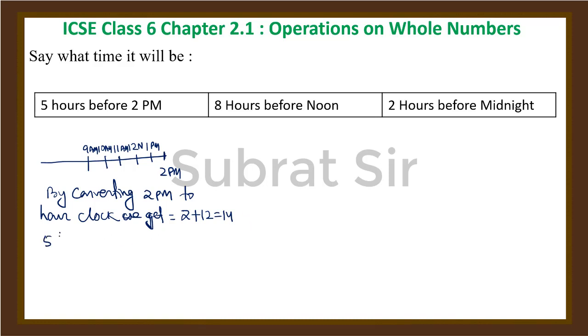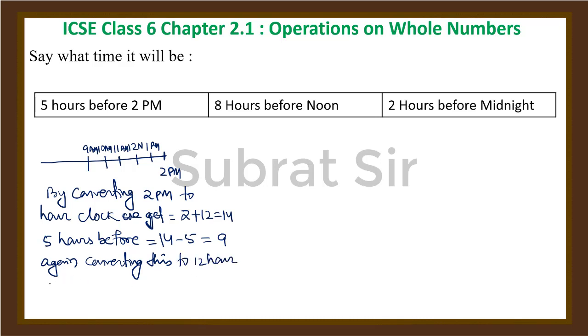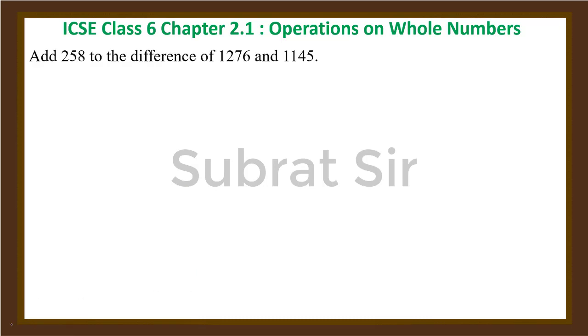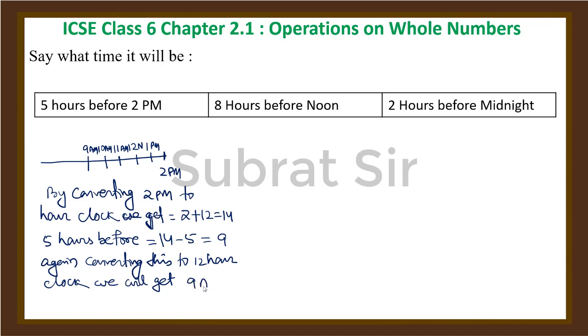Then 5 hours before equals 14 minus 5, that is 9. Okay, again converting this to 12-hour clock, we will get 9 a.m.